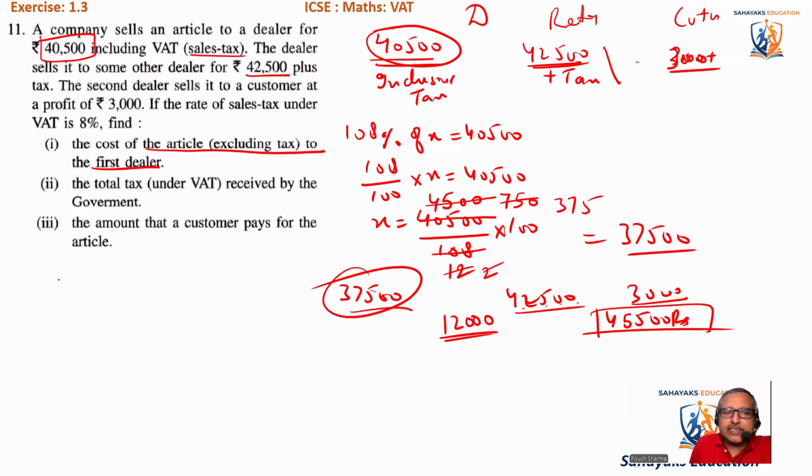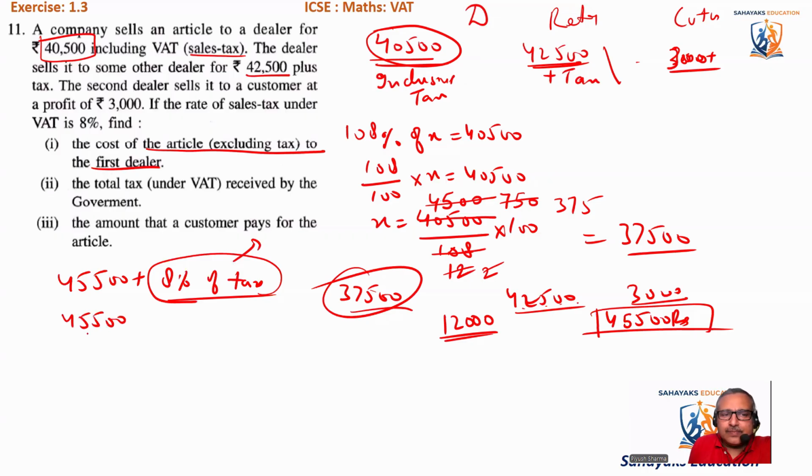So we'll say it is 45,500 plus 8% tax. This is the amount which the customer has paid. And if we have to find out the total tax which has gone to the government, it is 8% of this value. So basically in one question, we can find both the things. It is 45500 plus 8 by 100 into 45500.